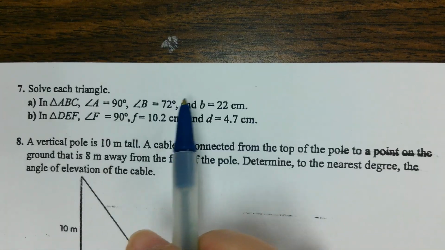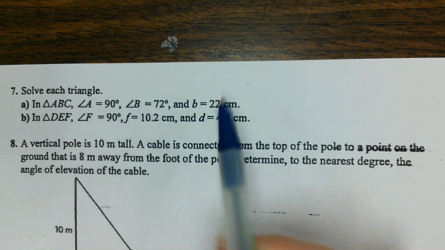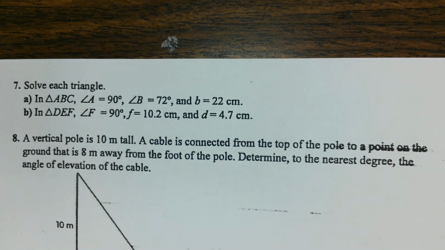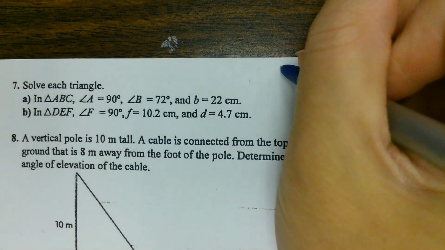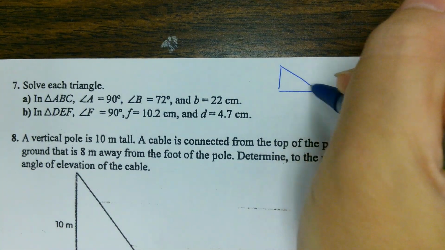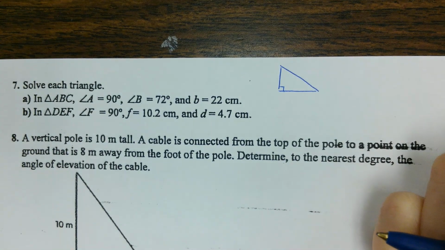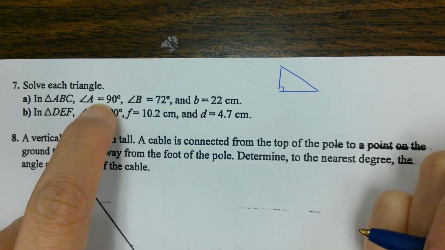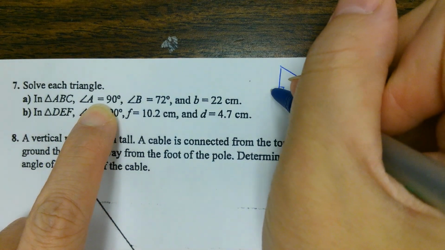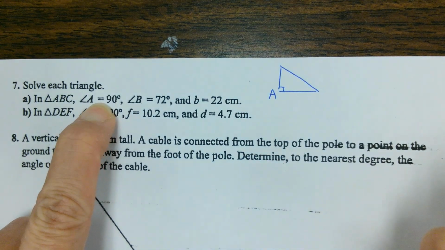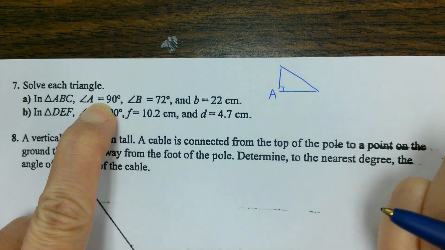This one, I also wanted to quickly talk about. Notice this. Again, I don't give you a diagram, and that was the hardest part. I just tell you that it's triangle ABC. Angle A is 90 degrees. So that means this right here has to be A because that's your 90-degree angle.